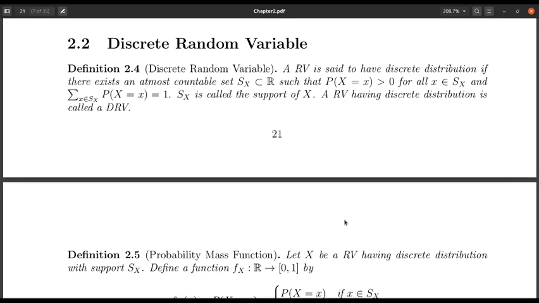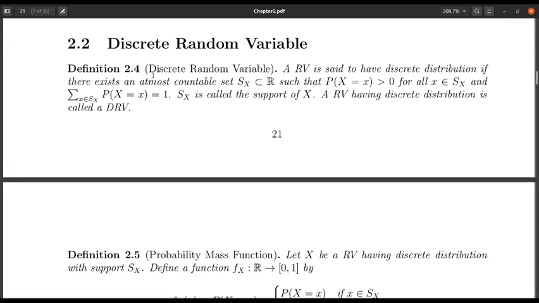So discrete random variable is basically a special type of random variable, and this one is obviously very useful in practice, especially in the computer science stream.